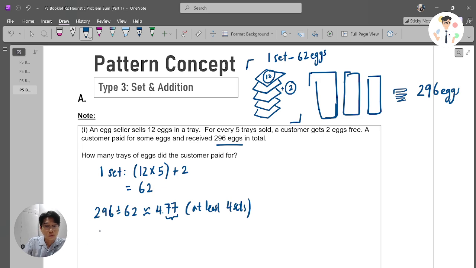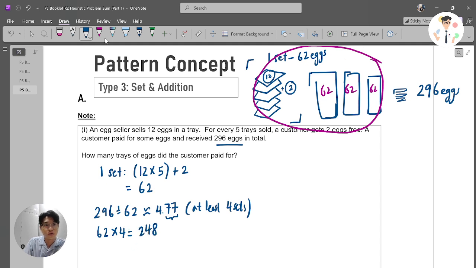So I know one set has 62 eggs, then I use 62 times 4. In total, these 4 sets, 62, 62, 62, 62, will have 248 eggs.